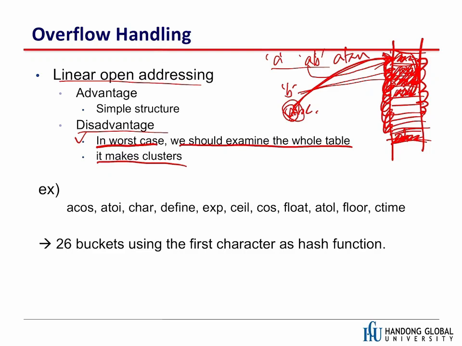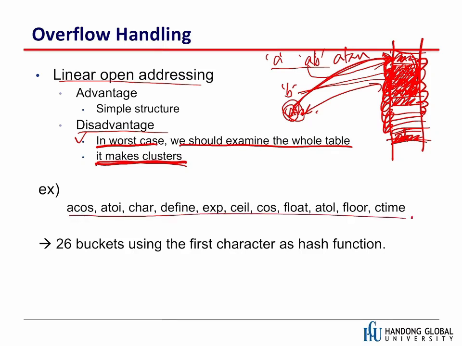If these three buckets are full, then whenever we want to insert any identifier anywhere around here, this one will be full. So once we have a full bucket, we will probably have a full bucket right after it. It makes clusters, so it is not using the hash table in an efficient way. That's a really bad idea. So linear probing is simple, but not that efficient.